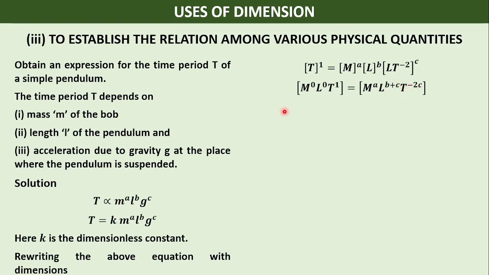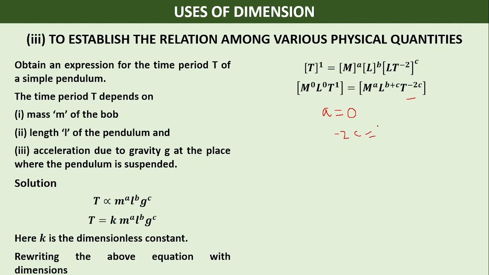Now, we are going to find the values of A, B, C. Let us find the value of A. M power A, here M power 0. So, A is 0. When we compare the power of M, we find A equals 0. When we compare the power of T, we can say that minus 2C equals 1.